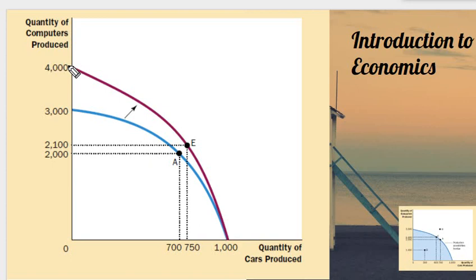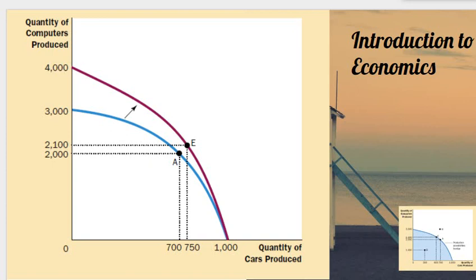So for any two given commodities, the distribution of resources can be made most efficient by computing or trying to understand how much resources or factors of production will be required for one particular commodity.